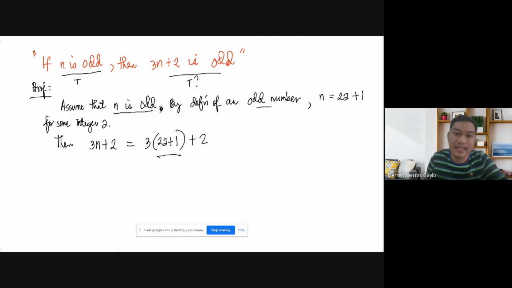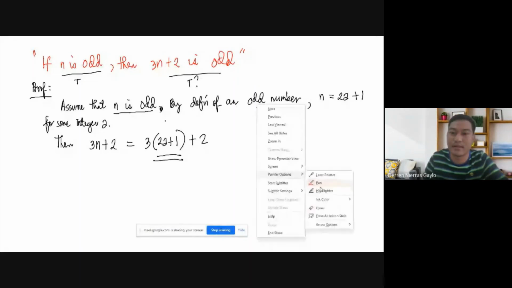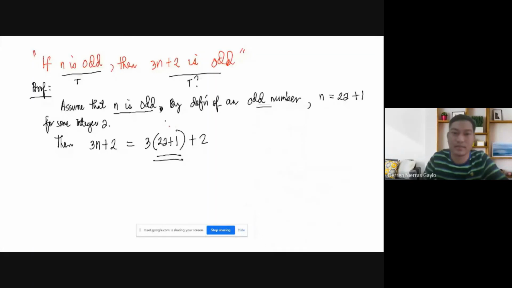Where does 2a plus 1 come from? It comes from n. Let's use another color so you can see this is from n. Now we substitute it. So 3 times 2a plus 1 plus 2: 3 times 2a is 6a, and then plus 3 times 1, which is 3, plus 2. If you add it up, that is 6a plus 5.